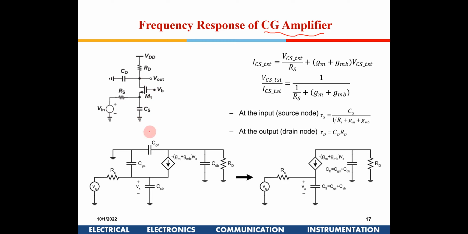So this CS is actually the sum of CGS, the capacitance from here to here, and the source to body capacitance here. So this is CS. Okay, so now I have put a voltage source here. I am giving a bias voltage. At this node also there will be one CGD. So there are two capacitances. Okay. Now what is the resistance which will be seen by each of these capacitances?